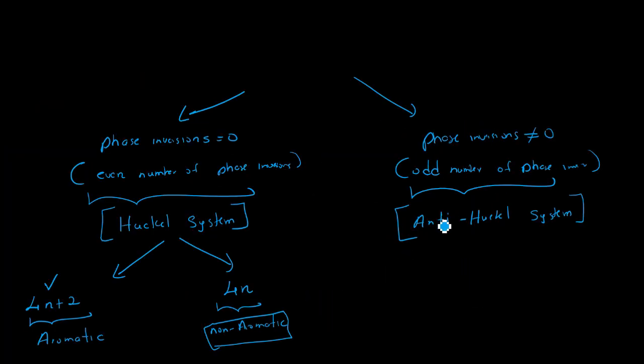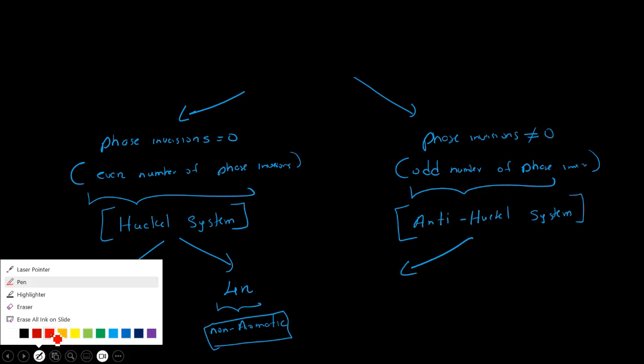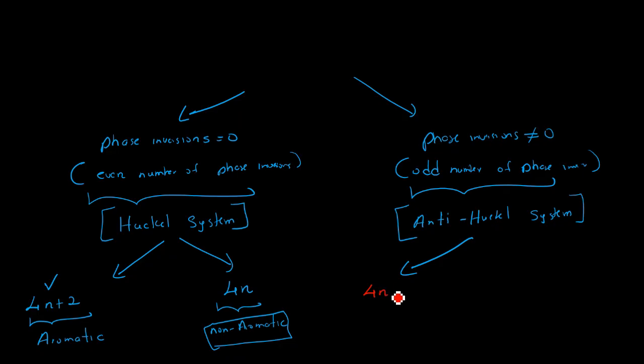Now, if you go towards the anti-Huckel system, right, which means you have phase inversions now. If you have phase inversions, then this thing changes. Now, the rules are the same, right? We have the 2 rules, 4n plus 2 and 4n. But the overall decision is changing.